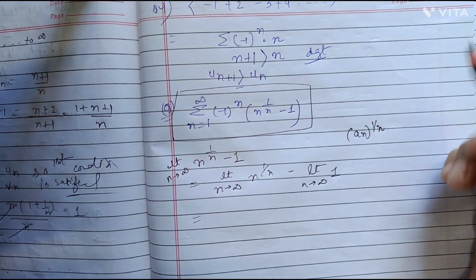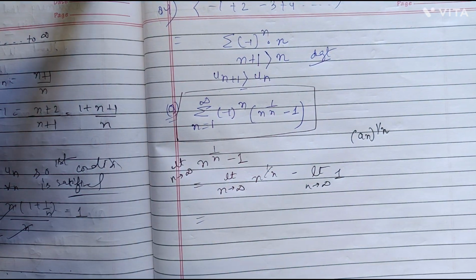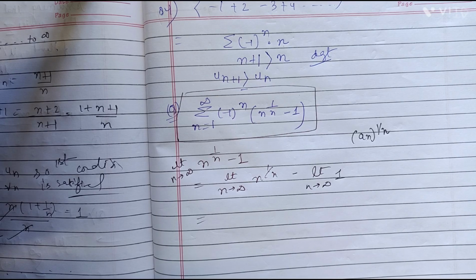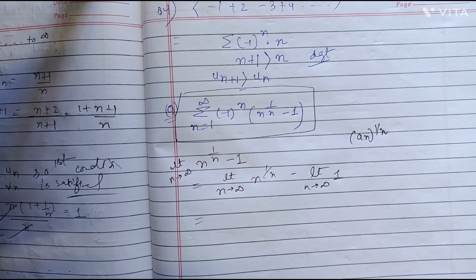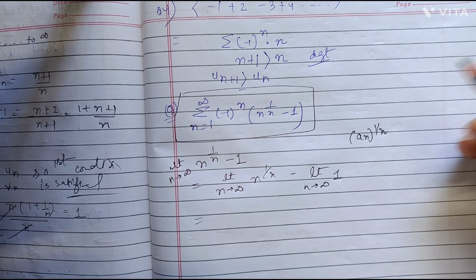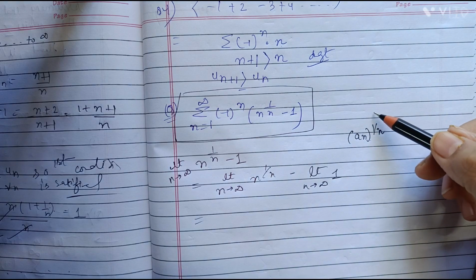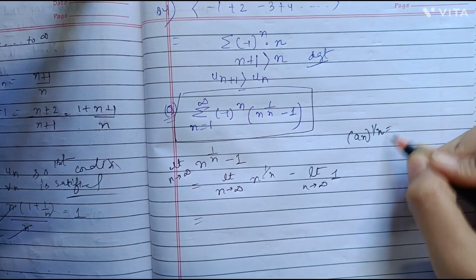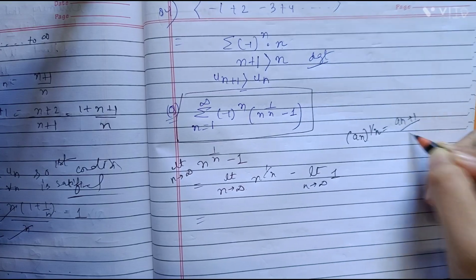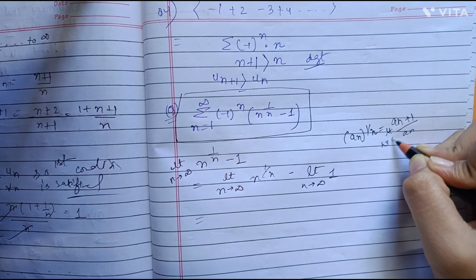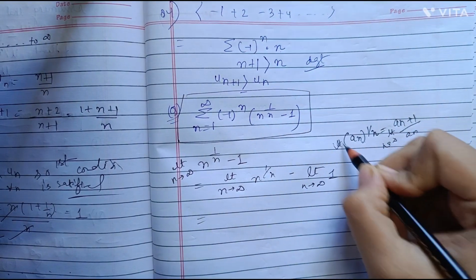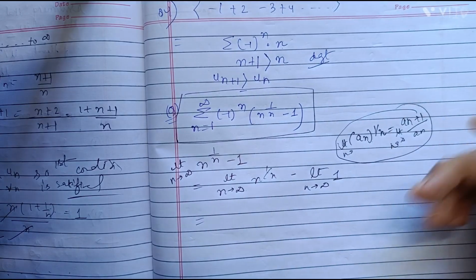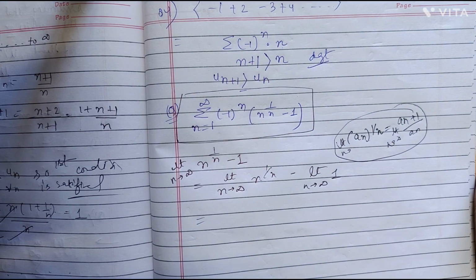I'm just directly writing it. I'm not giving you time to think, but if it clicks in your mind, then hats off to you. It should click. So n to the power 1 upon n can be written as a(n plus 1) by a(n), limit n tends to infinity. So yeah, we take limit n tends to infinity.